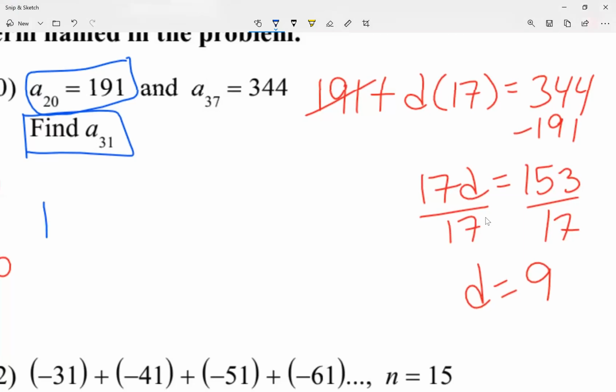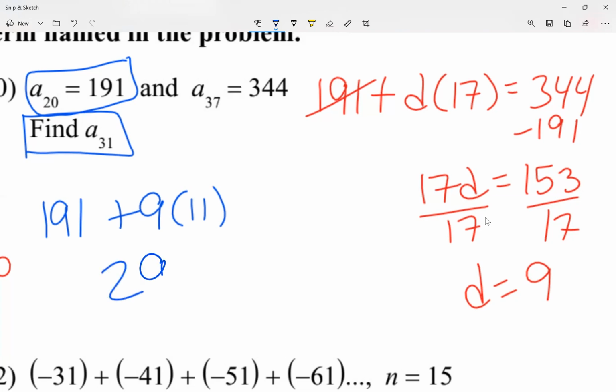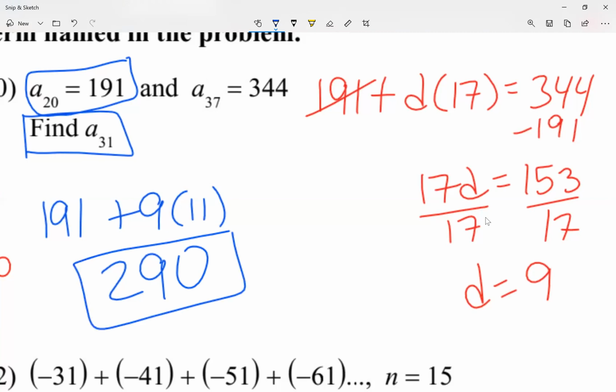I'm going to start with 191 because that's the 20th number, and I'm going to add 9, the common difference, 11 times, because from the 20th to the 31st, that's 11 times. Remember to multiply before you add. So 9 times 11 plus 191 gives me 290. So the 31st number on my list is 290.